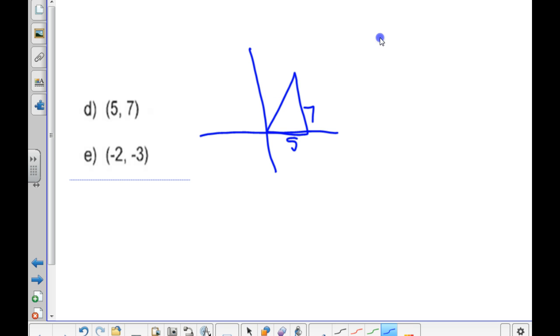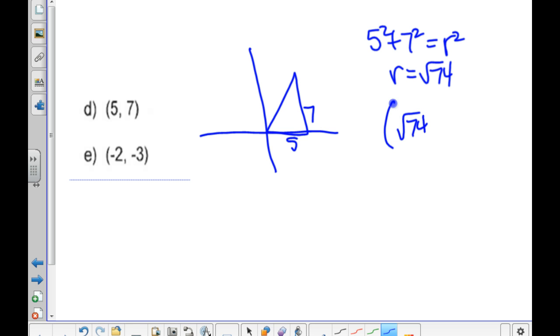We could leave it exact if you wanted, but 5 squared plus 7 squared equals, okay, square root of 74, which is 8 point something, between 8 and 9, okay? No? 7, okay. Thought I was having a moment there.